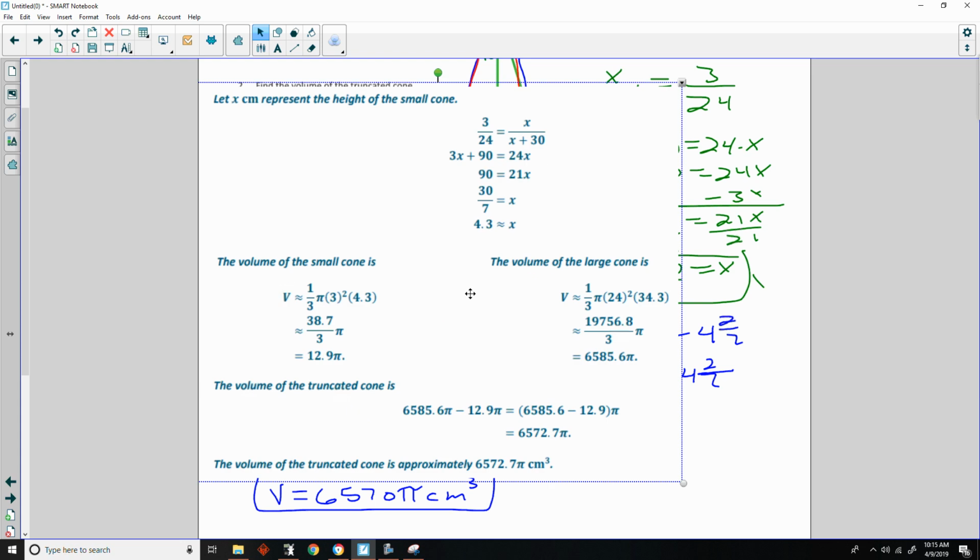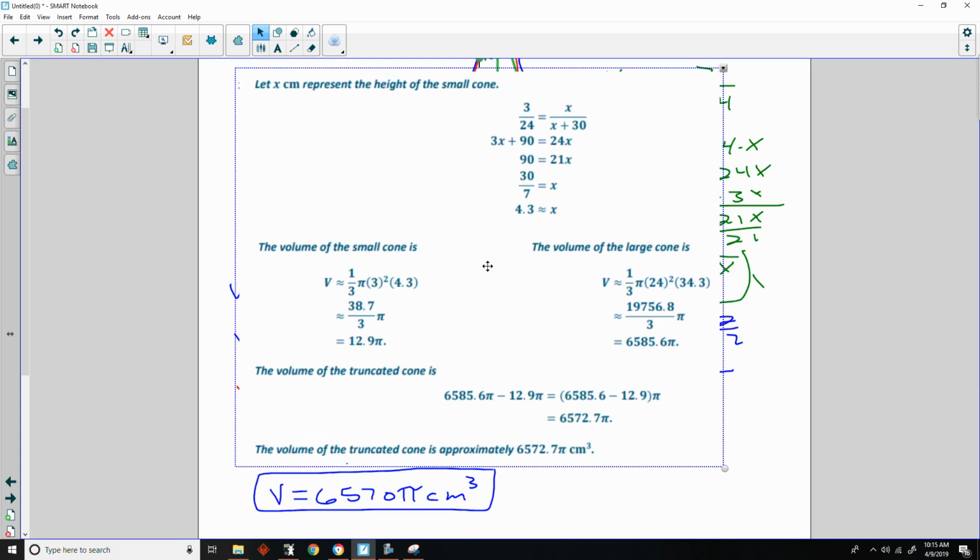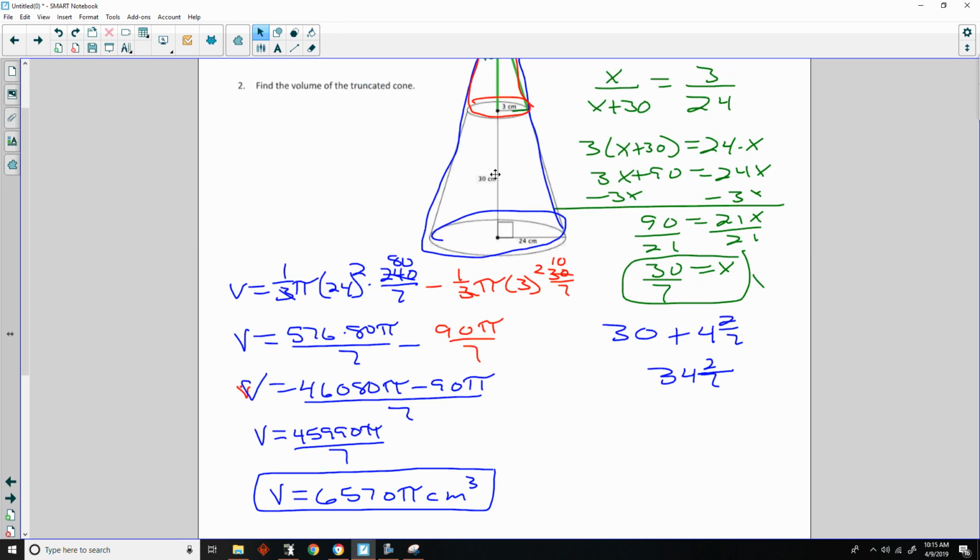And here it is. Now I'm just going to show you my answer here. Now look what the key did. It said 30 over 7 is approximately 4.3. So then they put 4.3 in their problem here. And then they put 34.3 over here because what was 34.3? 34.3 is this 30 plus that approximate 4.3. So they're approximating two components.